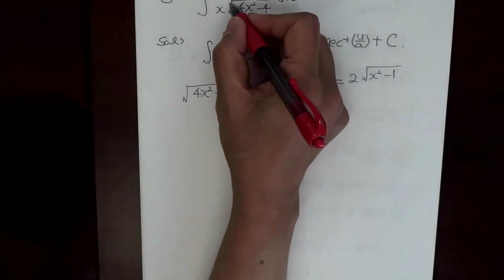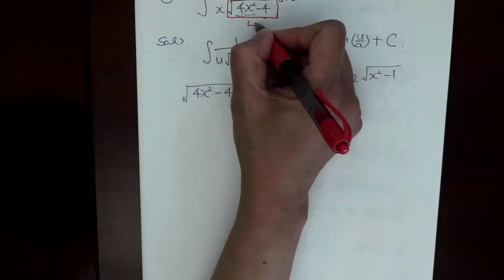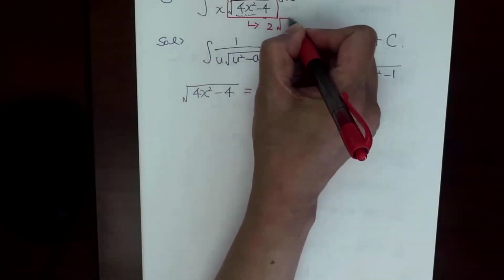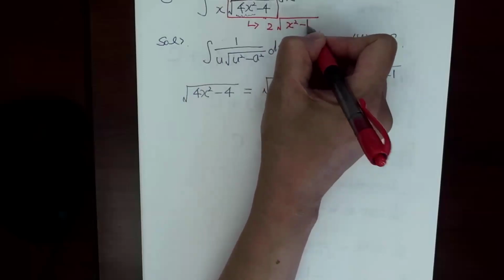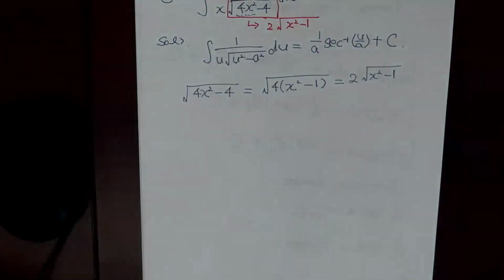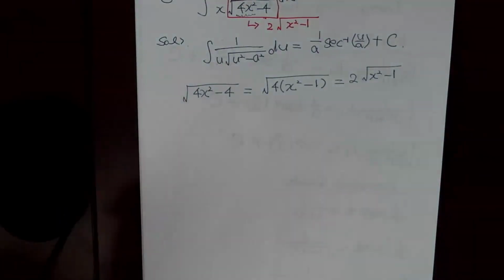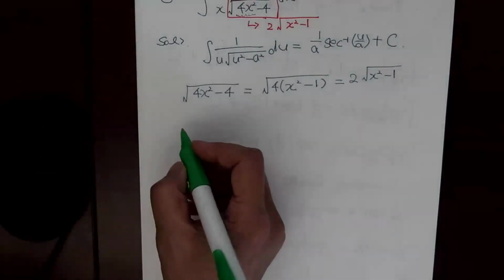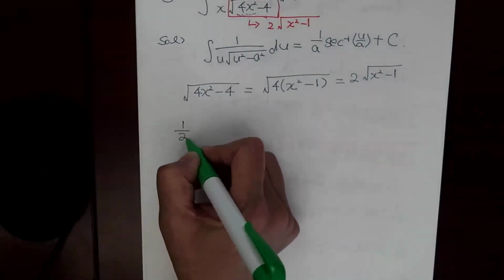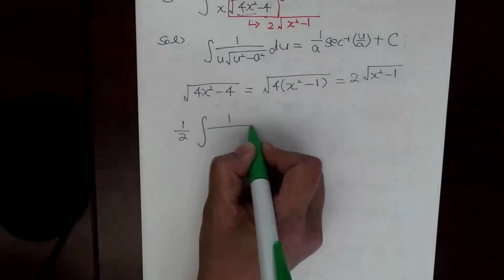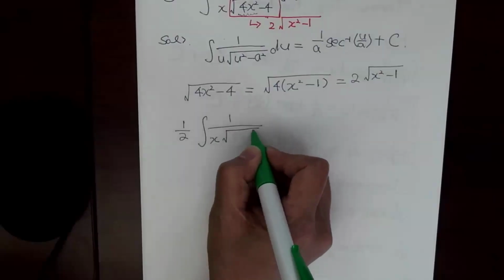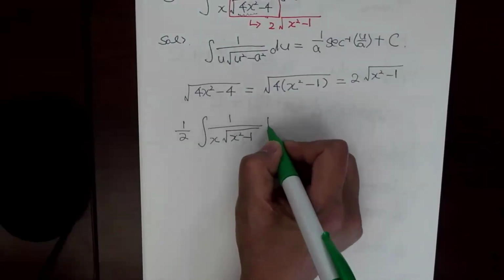Let me write down again. This part is 2 square root of x squared minus 1. I would write the number in front of integration. 1 over 2 integration 1 over x times square root of x squared minus 1 dx.